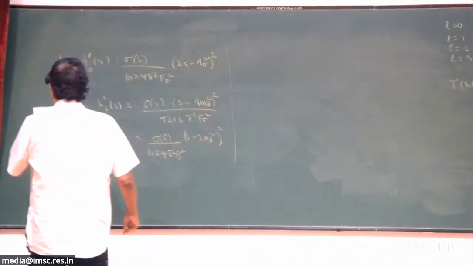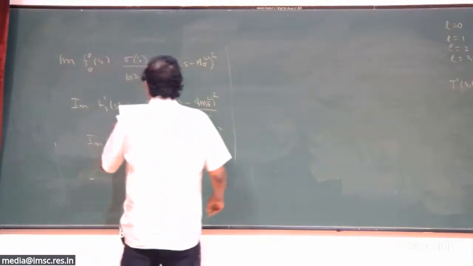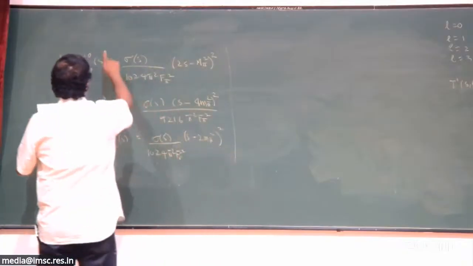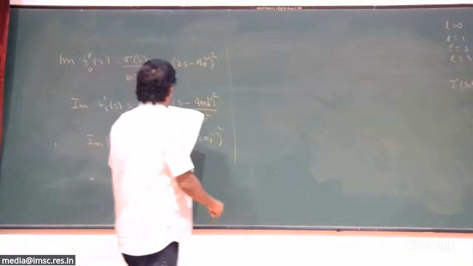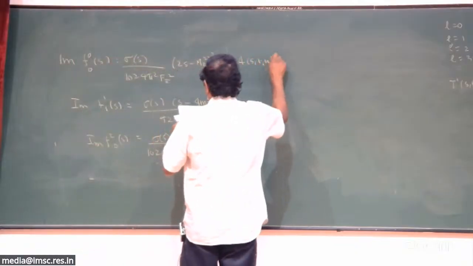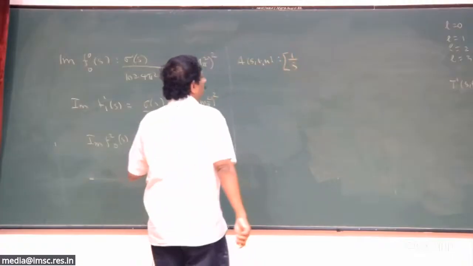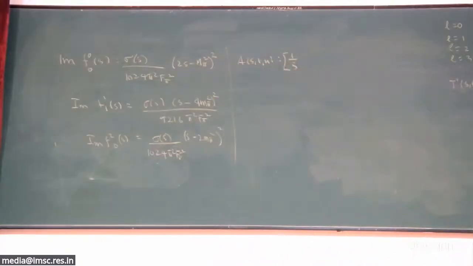So we have three functions, W0, W1, and W2, whose imaginary parts will be related to these. There are some factors, and then A(s,t,u) is stitched out of these imaginary parts. Suitable dispersion relations have to be written for these three functions called W0, W1, and W2.